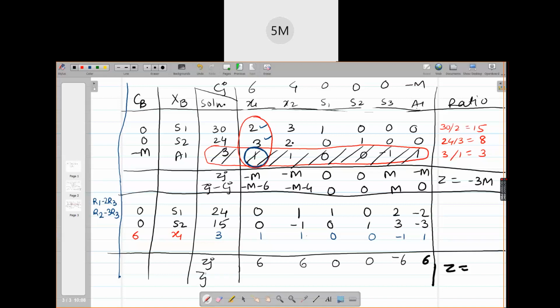Now Zj minus Cj: 6 minus 6, 0, 6 minus 4, 2, 0, 0, minus 6, and 6 plus M, right? It is 6 plus M.